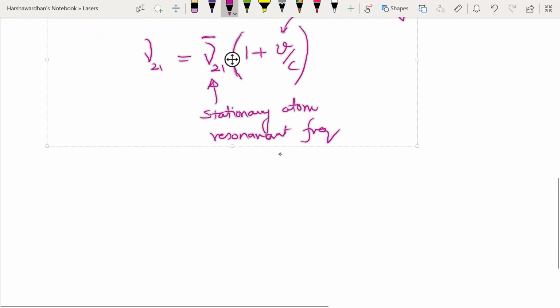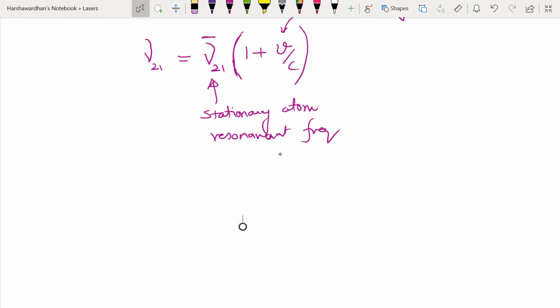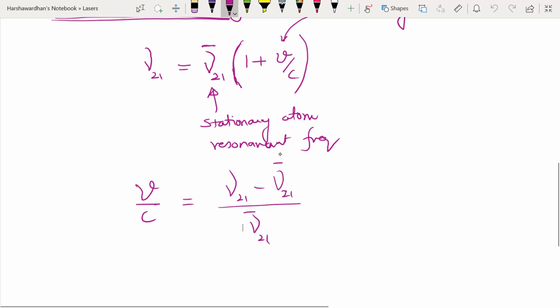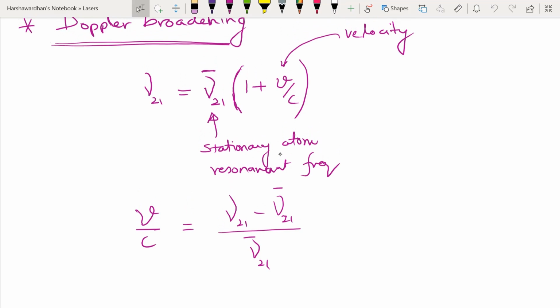So depending on the value of v by c, you get nu 21 minus nu 21 bar. This is the shift in the frequency space that you actually observe. So the velocity is mapped to a frequency shift within the spectrum.